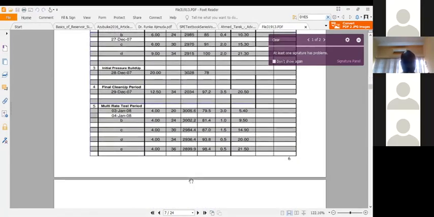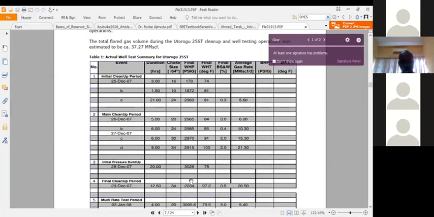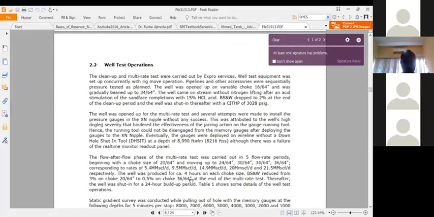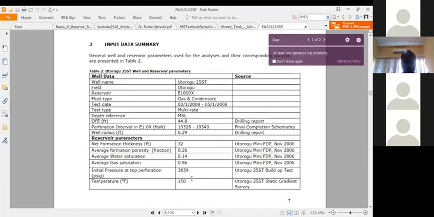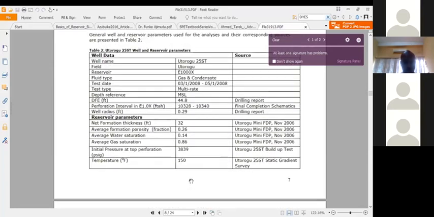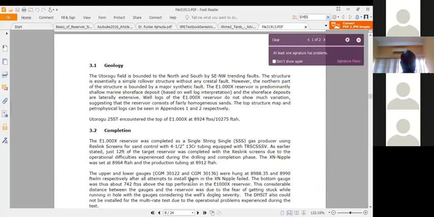This is referring to the choke size on which the well was flown. This is for deliverability testing. And here, these are some specifics which are inputs into your well test analysis.